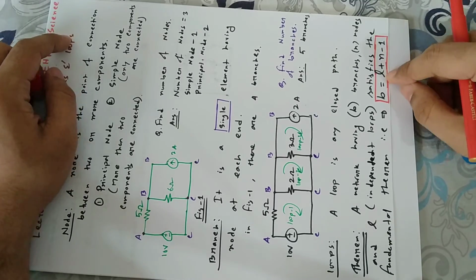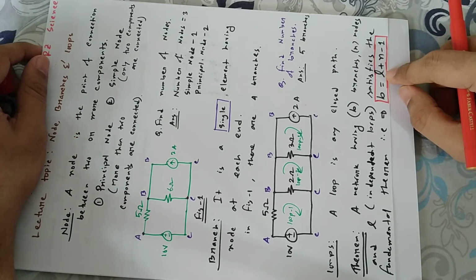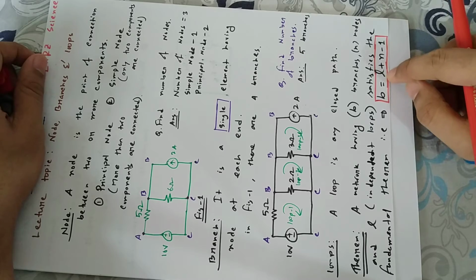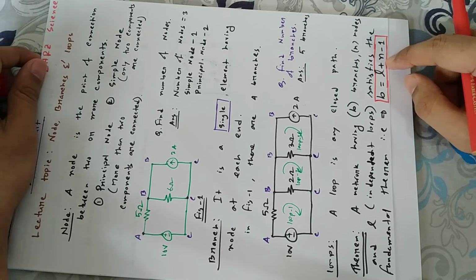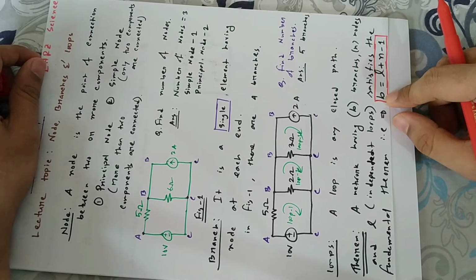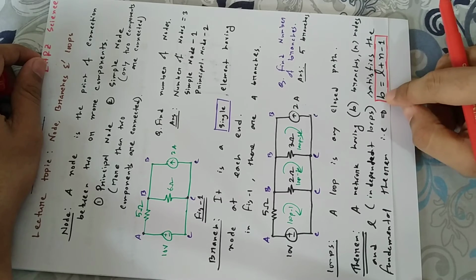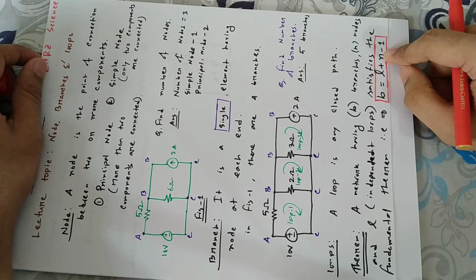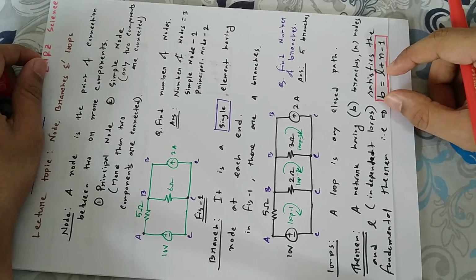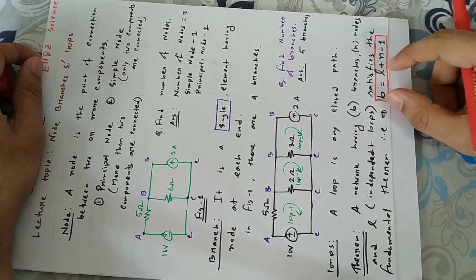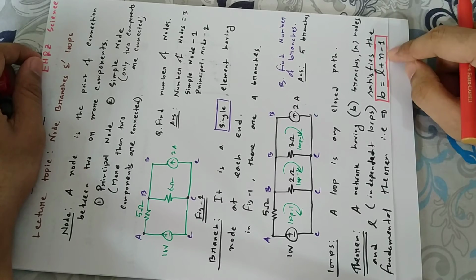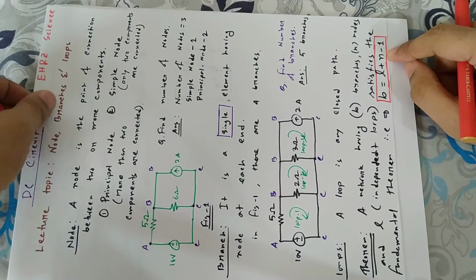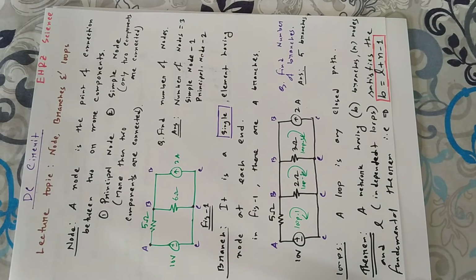So whenever you have the knowledge about the number of loops and nodes, then you can identify the branches. See, there are three unknowns: branches, loops and nodes. If we can identify any two of these three quantities, then we can identify the third one very easily.